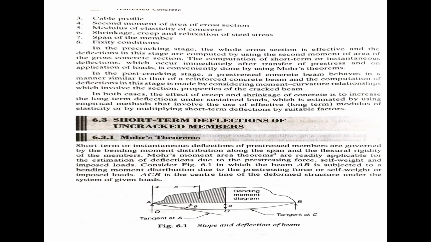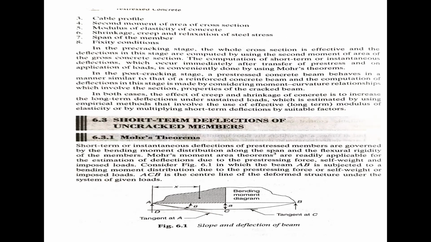In long-term deflection and short-term deflection, you have to calculate the conditions for second moment of area of cross section, application of loads, transfer of prestressing loads, and curvature properties, and shrinkage and creep of concrete increase.